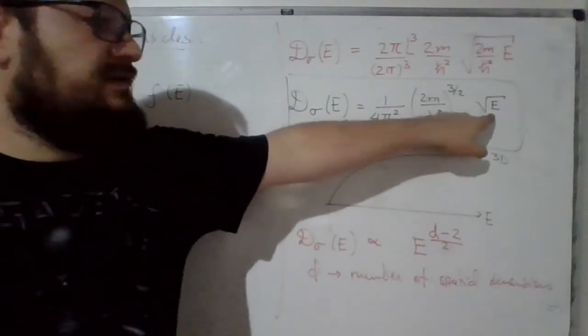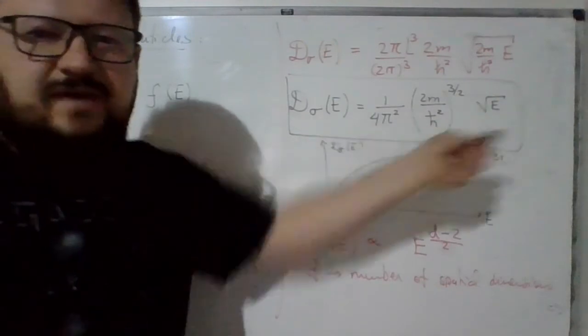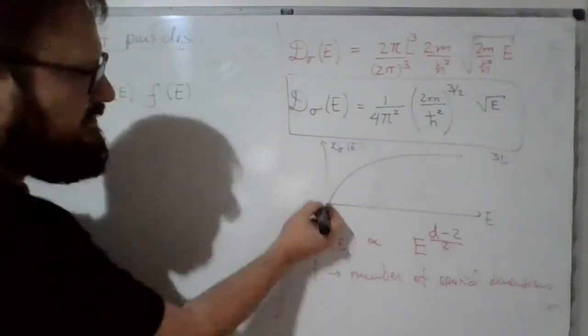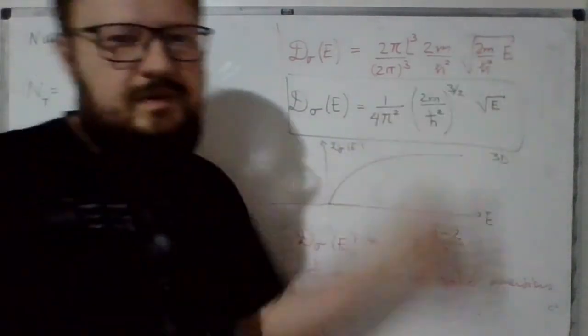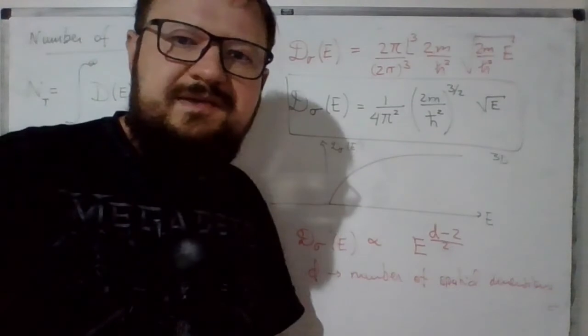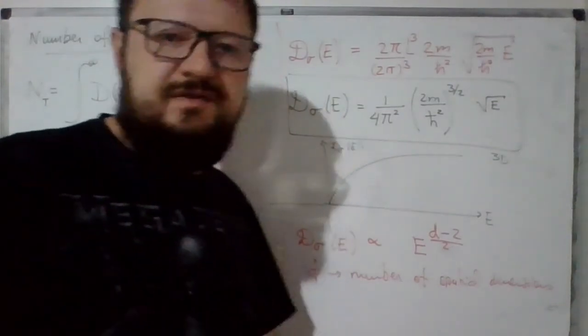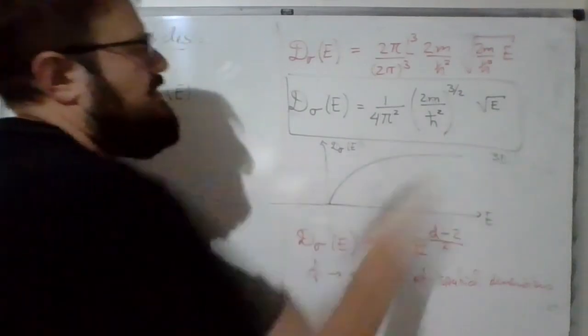In this case it does not, so the density of states is 0 for negative energies, because it's nonsensical to talk about a complex number for density of states. So it starts from the energy equal to 0 here.